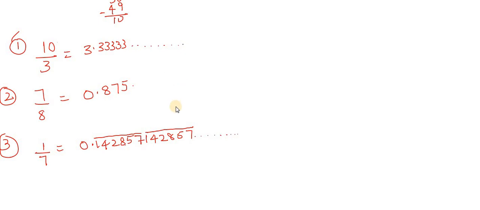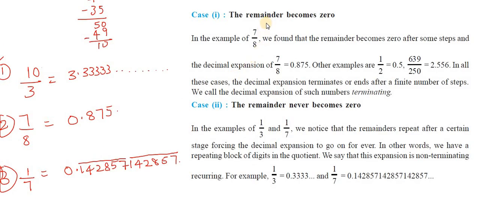These are the three different types of decimal expansion we can see in real numbers. In the first case, the remainder becomes 0. In the example 7 by 8, we found that the remainder becomes 0 after some steps, and the decimal expansion of 7 by 8 is equal to 0.875. Another example is 1 by 2.